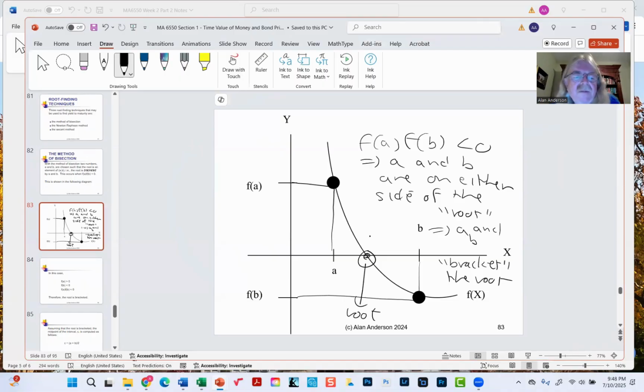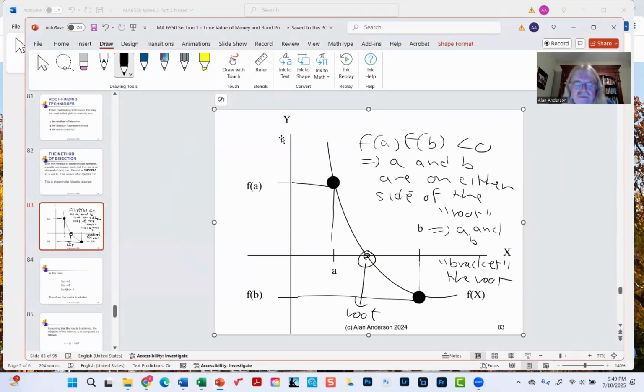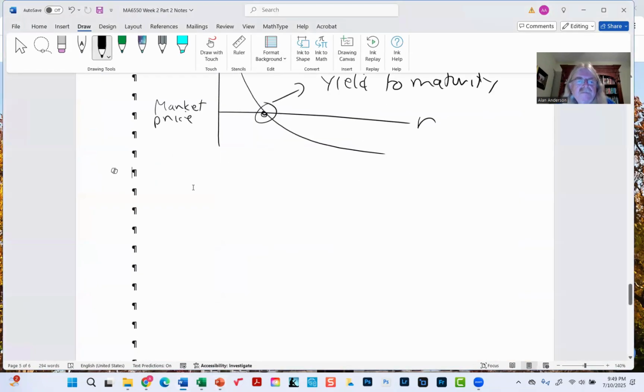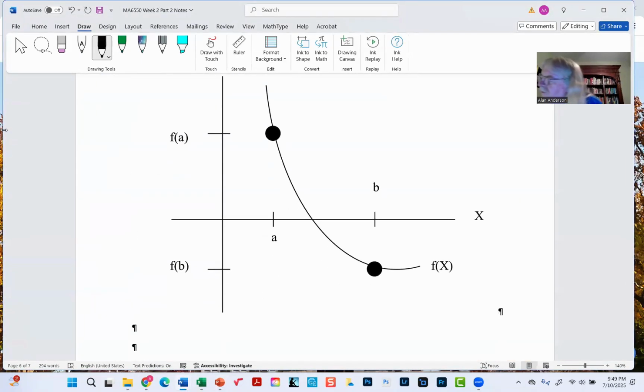Now, what comes next? We're going to establish a midpoint between A and B. Let me copy this in here so we can see it better. So once we've established that these A and B bracket the root, we need a midpoint. Here's the root. Let's say this is C. C is the halfway point between A and B. So when I put the C there, one of 2 things can happen.